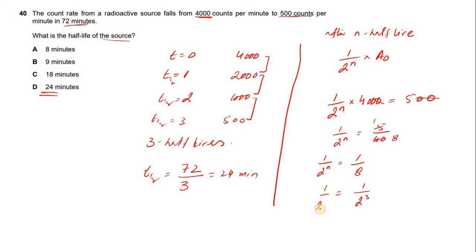Clearly you can say that n is equal to 3. So there are 3 half-lives as before. Then again you do 72 divided by 3, so you have 24. It's up to you, whatever your concept or understanding is, you can use any method. So the answer is 24.